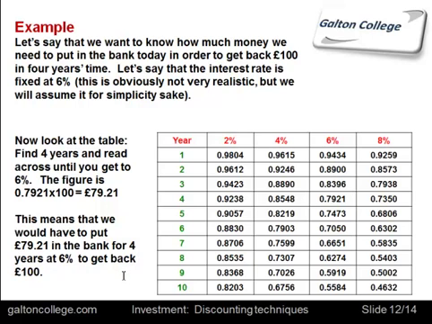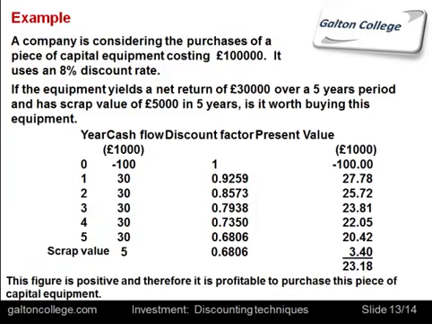Now let's just calculate it out of a table, you can find those tables quite easily. Let's have a different example. Again, this one sounds horrendous until you start to realize how simple it is. A company is considering the purchase of a piece of capital costing £100,000.